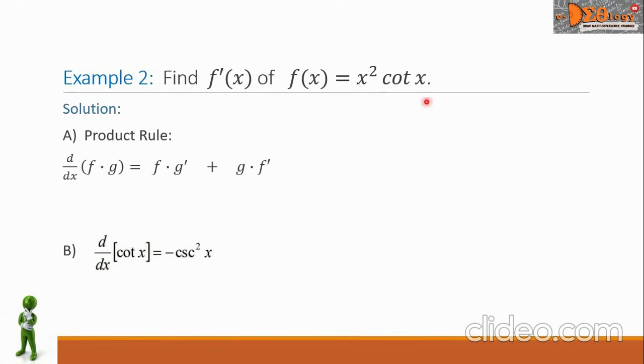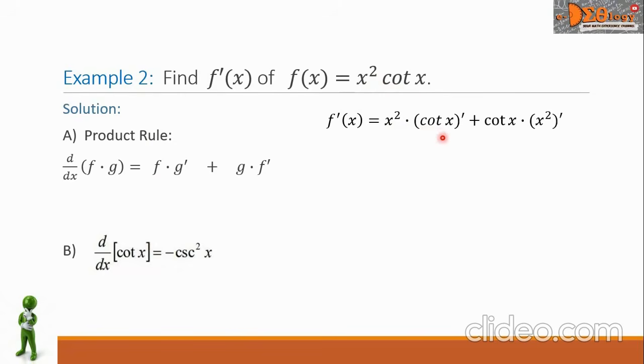Next is the derivative of cotangent x. So we have d over dx of cotangent x equals negative cosecant square x. For the computation of derivative, we write now f prime of x equals, we copy this x squared here, times, we are going to show that we will take the derivative of cotangent x later.